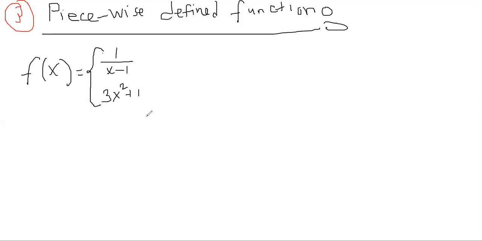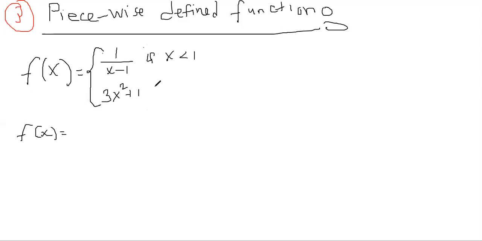So we have two functions here. First, f of x equals 1 over x minus 1. You use this if x is less than 1.